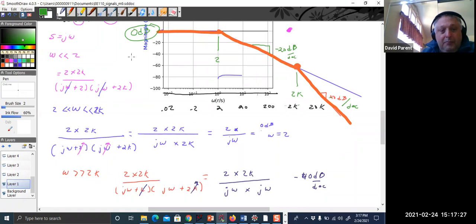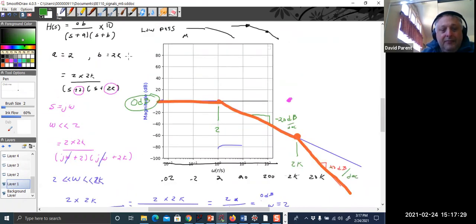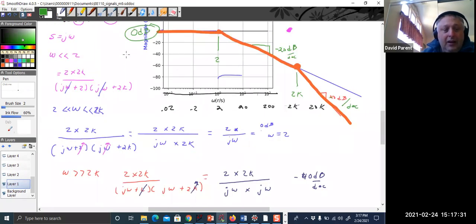So back to the 10. I forgot the 10. So let's add it back in, or multiply it back in. So I have 10 times 10 times 10. So where will this be 0 dB?